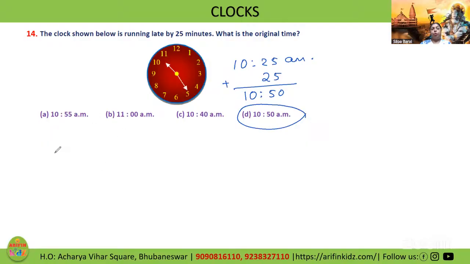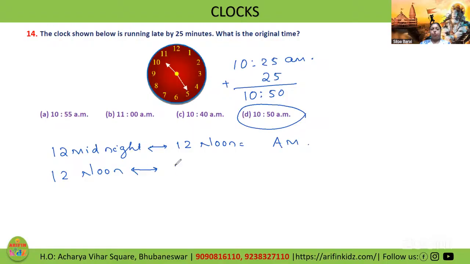And all of you know when it is 12 midnight beta. 12 midnight to 12 noon, always will say beta AM. 12 noon to 12 midnight will say PM. If it is 12 at night, always remember that is 12 midnight.